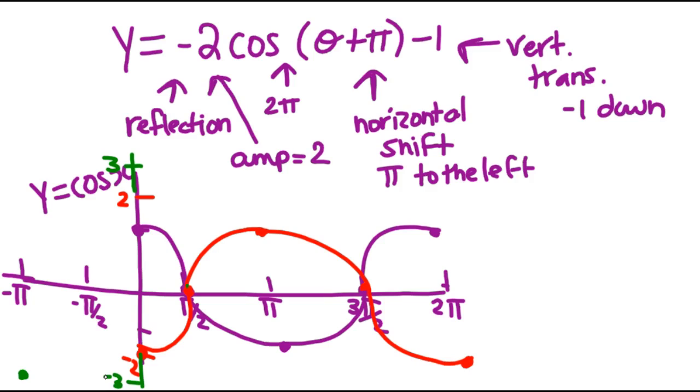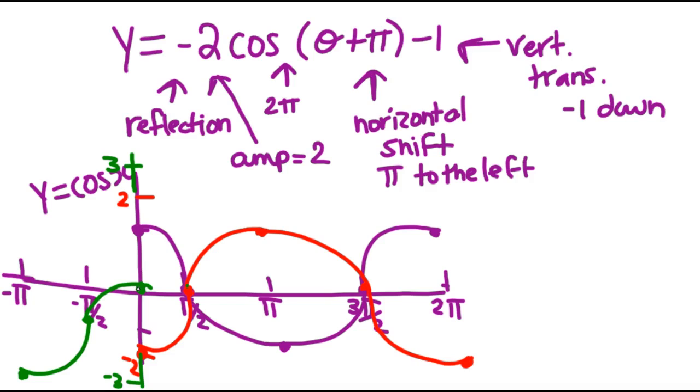And then this one is over 1, 2, and down 1. This point is over 2 ticks and down 1, so we're here, that should be right on the axis.